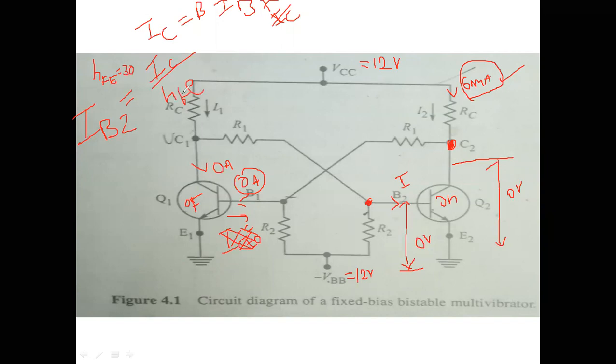This IC is what we assumed as 6 milliamperes, therefore you get 0.2 milliamperes.